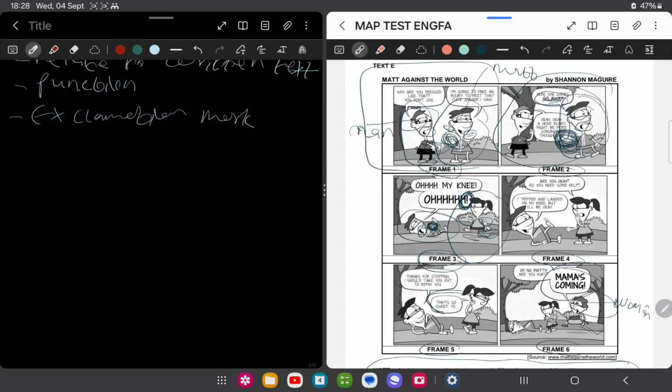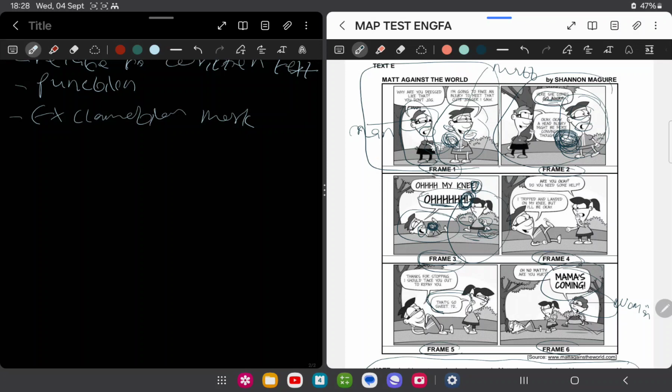From there, in frame number 3, the father went away. Then here's the boy. "Oh, my knee. Oh." The word "oh" appeals to the boy's emotions and the way he's uttering the words. Then the word "oh" is written in bold to emphasize that the boy is shouting.